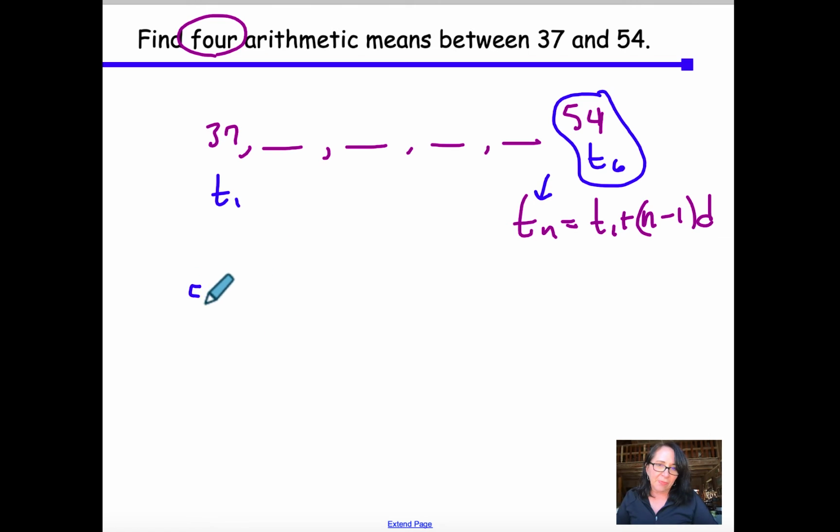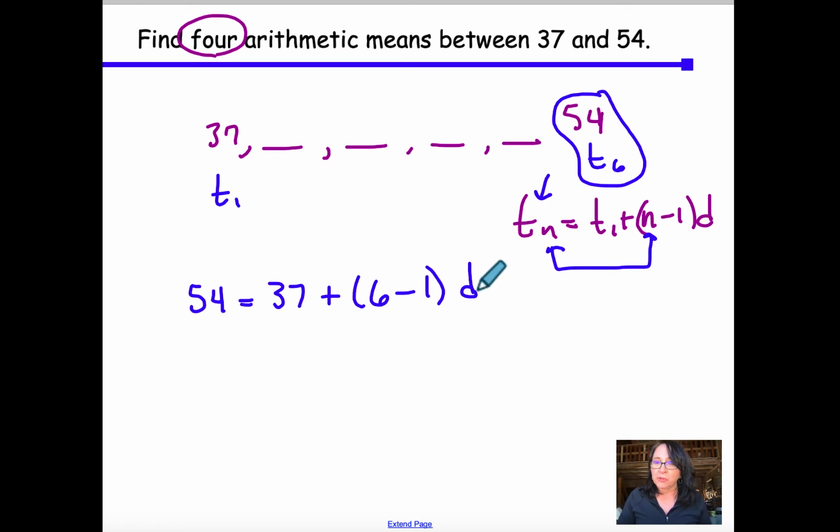So I'm going to say 54 is equal to T of 1, which is 37, plus n, meaning that's my sixth term. 54 is my sixth term, and these two numbers should be the same value here. And n minus 1 times the common difference, which is what we're trying to solve for. And once we have the common difference, we can add to each. So then we're going to subtract.